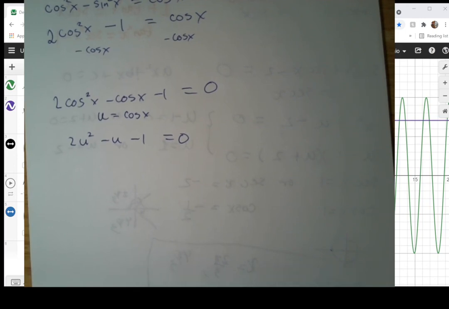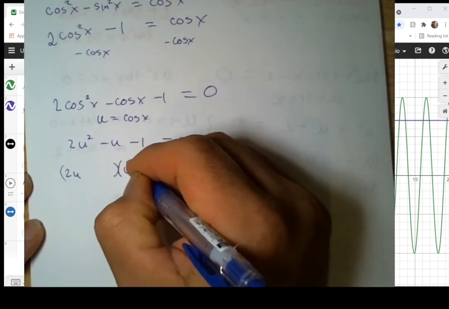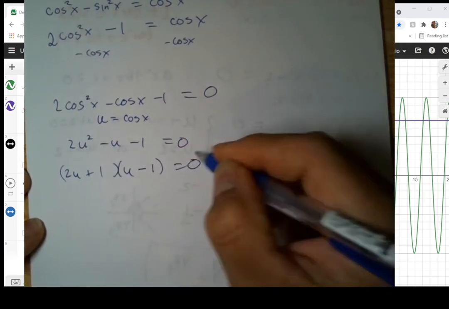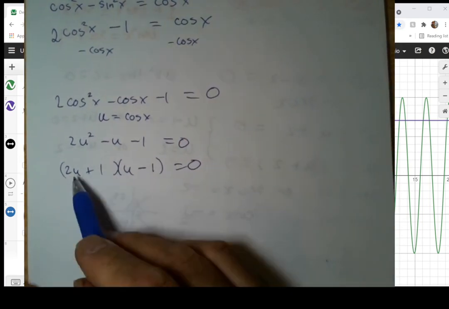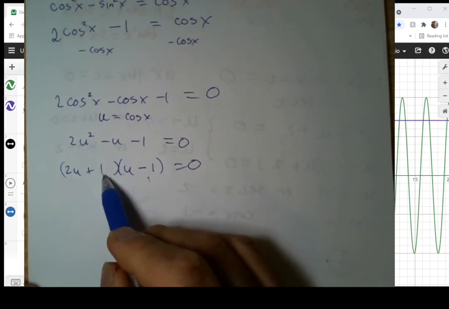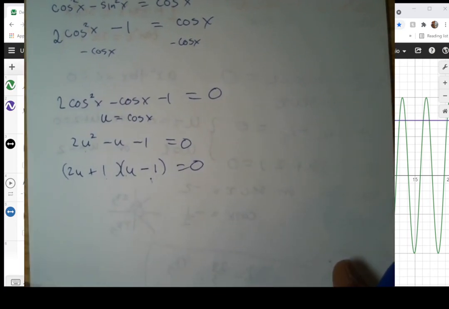All right, and then I'll try to factor. So I think I can factor this one as well. Okay, and here double check 2u squared. Outer one is minus 2u plus u gives me a minus u. And in the last term, plus 1 times minus 1, we get negative 1.